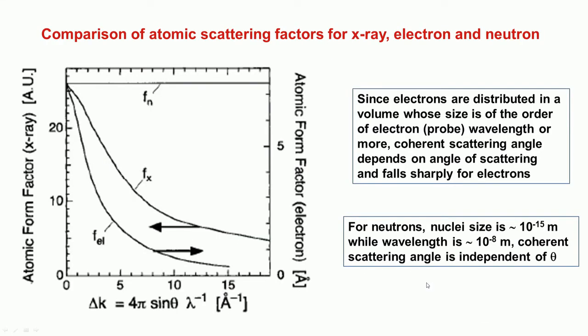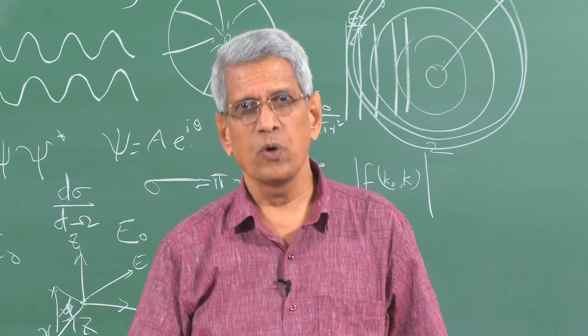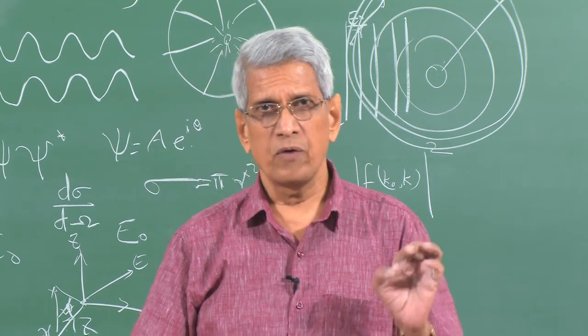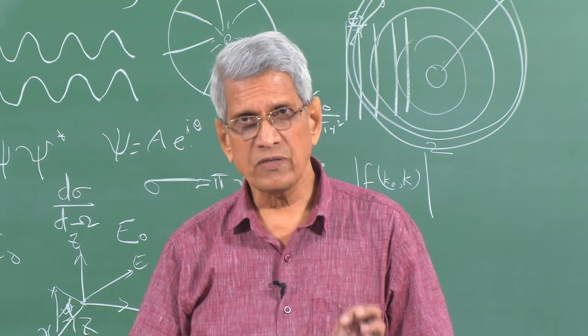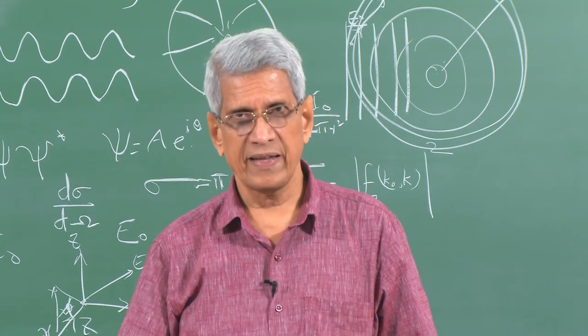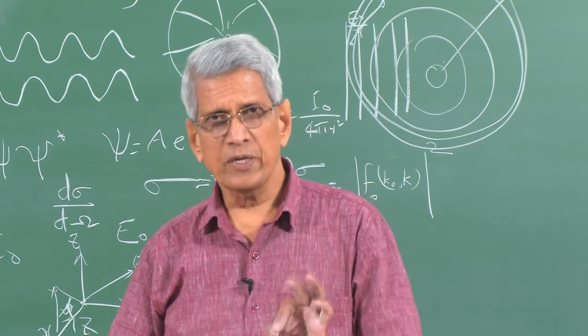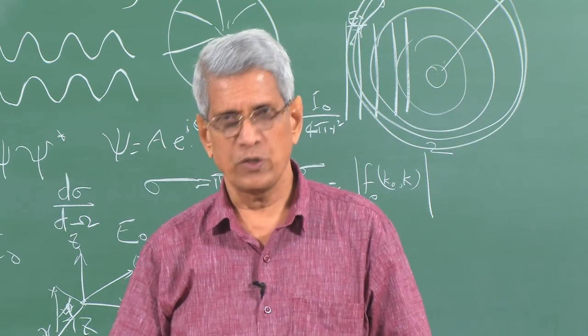Since we see the same type of behavior both for an incident X-ray beam as well as an electron beam, it is better to have a look at a comparison between these two.